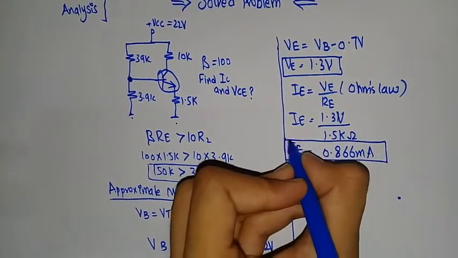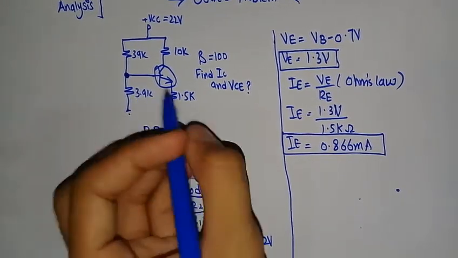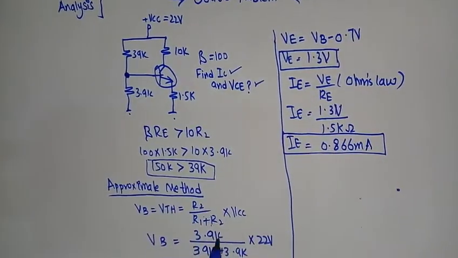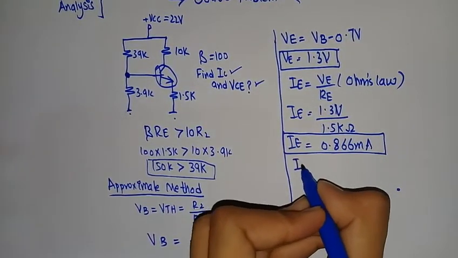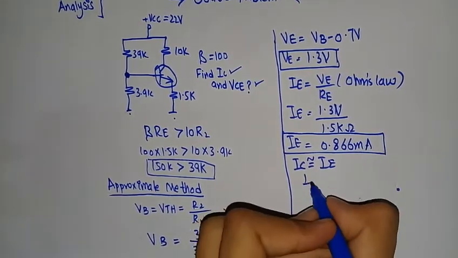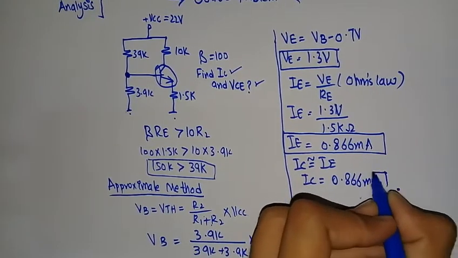Now all of the conditions are simple. Now we only have to find the collector current and the collector emitter voltage. The collector current is approximately equal to the emitter current. So IC will be equal to 0.866 milliamps.